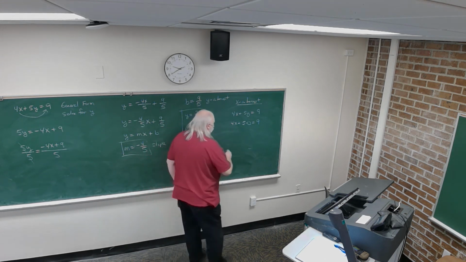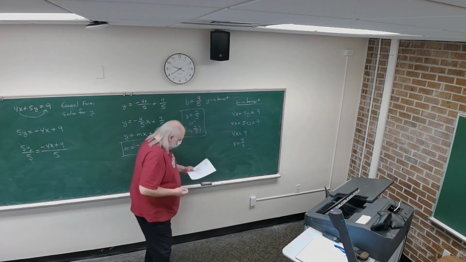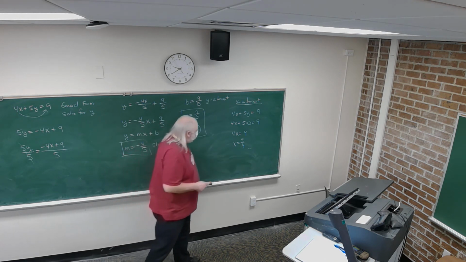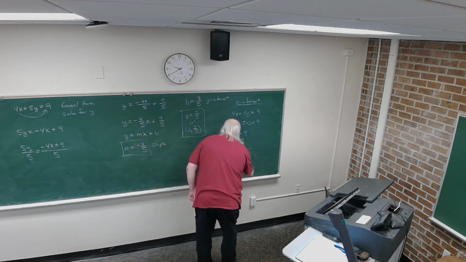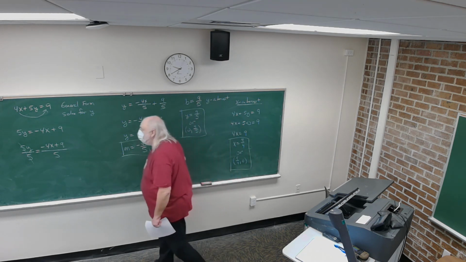So we're left with 4x is equal to 9, or x is equal to 9/4. So the graph crosses the x-axis at x equals 9/4, which is the point (9/4, 0) in the coordinate plane. Okay.